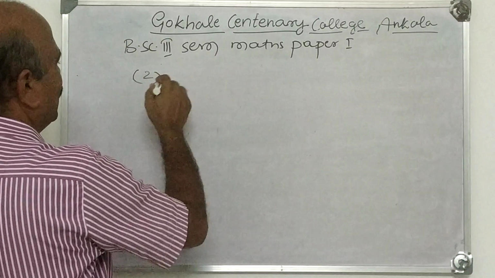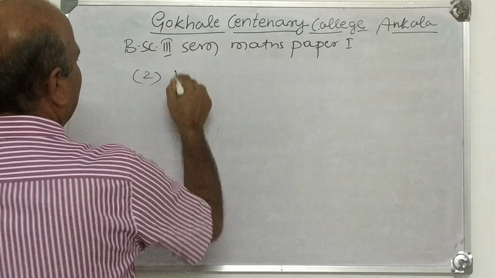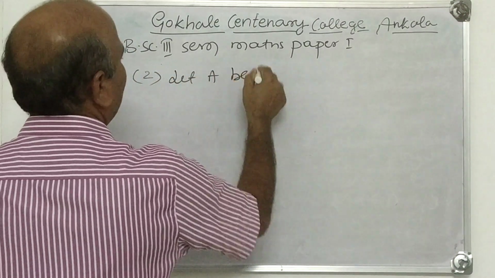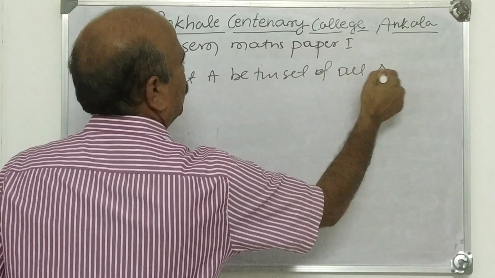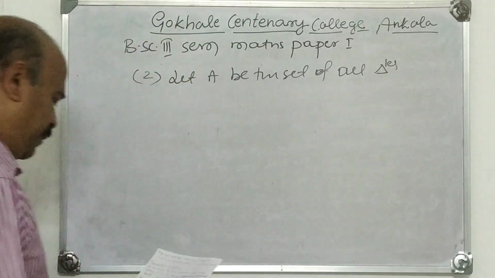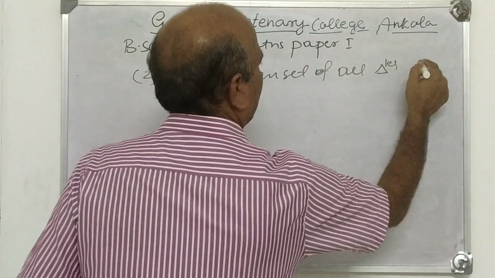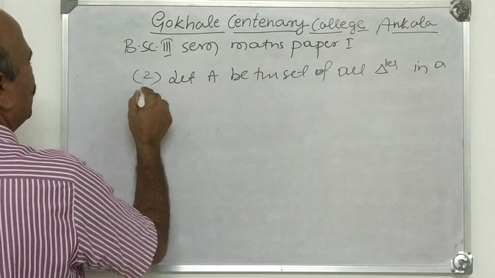Second example for equivalence relation. Let A be the set of all triangles in a plane.